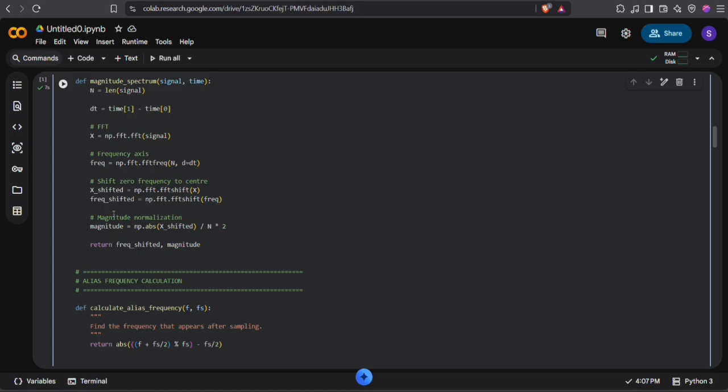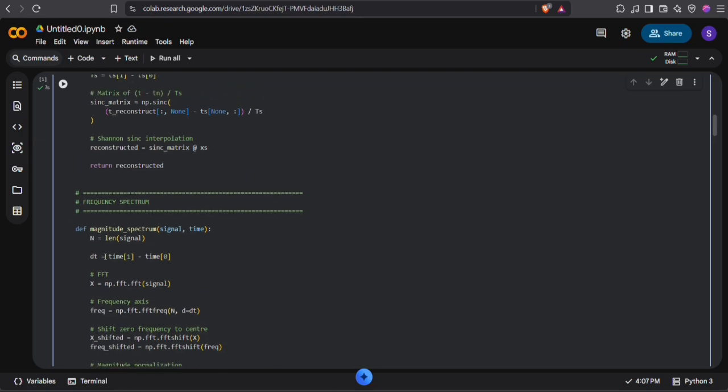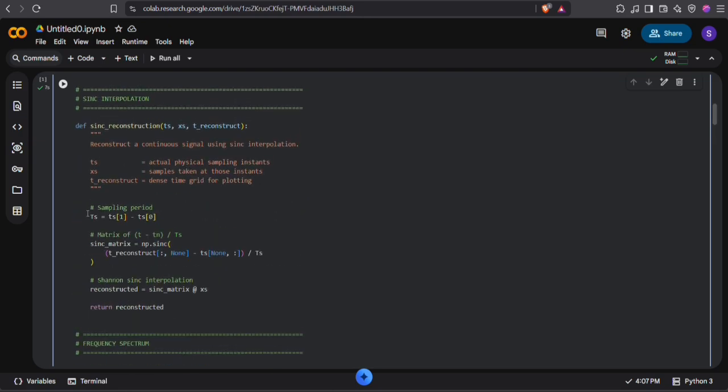This allows me to compare the behavior of the same signal under three different sampling conditions. Now here I took the sampling period, Ts equals Ts1 minus Ts0.